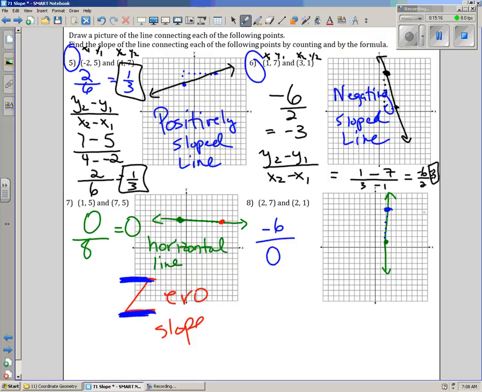If you type in -6 divided by 0 in your calculator, you will get an error. And we say that such a line has undefined slope, or no slope. So again, you can't divide by 0, so this line has no slope, or is undefined, okay?